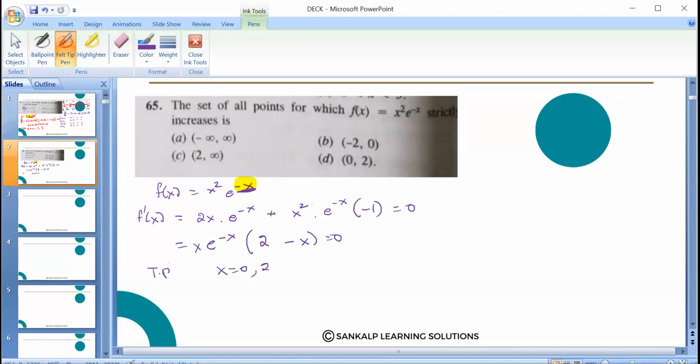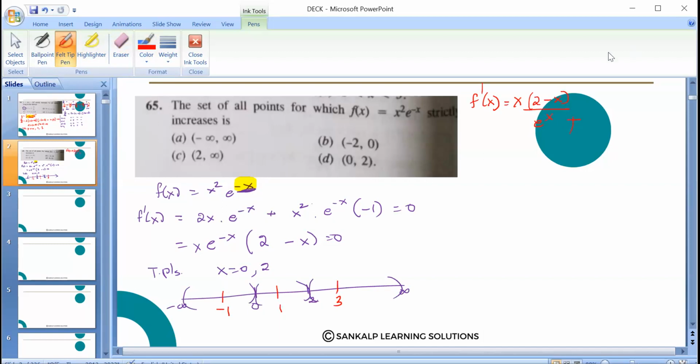These are the turning points. Take the number line, put 0 and 2, and from minus infinity to infinity, make 3 intervals. In each interval, you randomly pick up minus 1, 1, and 3 and put it in the derivative, that is x into 2 minus x by e power x.